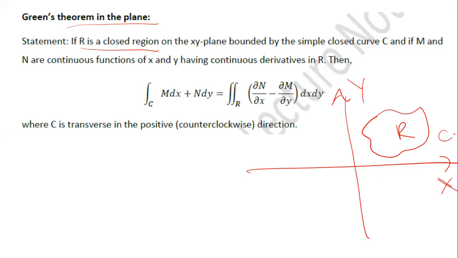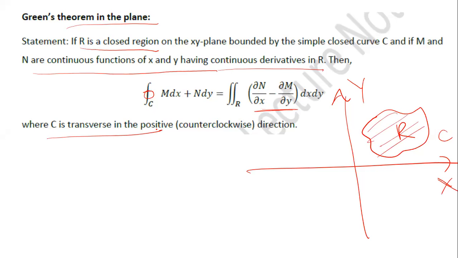So then what it says is that if M and N are continuous functions of x and y having continuous derivatives within this region R, then Green's theorem says that the loop integration, with a symbol like this, of M dx plus N dy equals the surface integration over this region of (del N upon del x minus del M upon del y), where C is the loop which traverses in the counterclockwise direction.